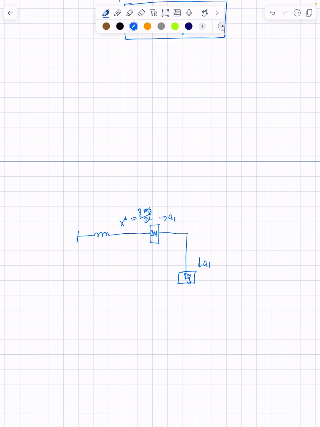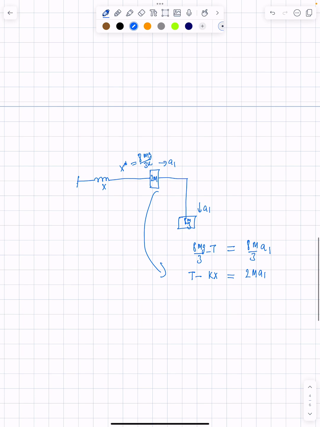second law equation. So for an extension x, for this block it is 8 mg over 3 minus tension equals 8m over 3 a, and then for block 2m we have T minus kx equals 2m a1.